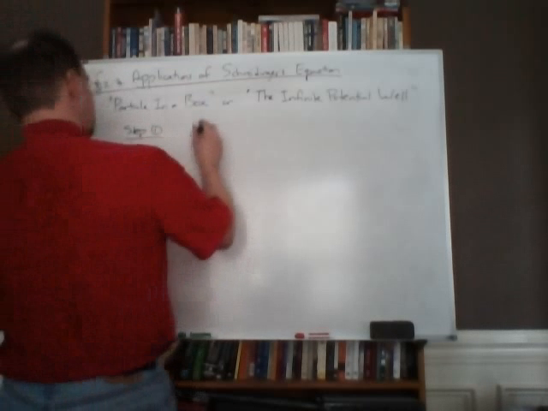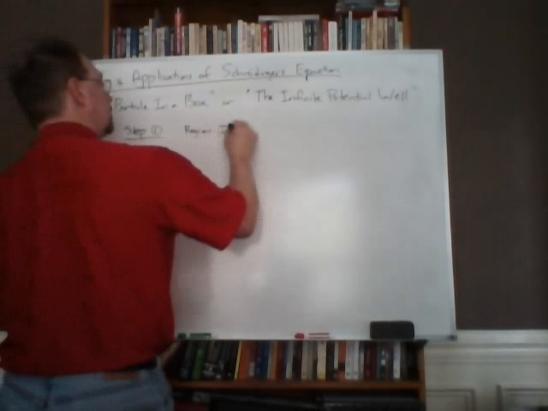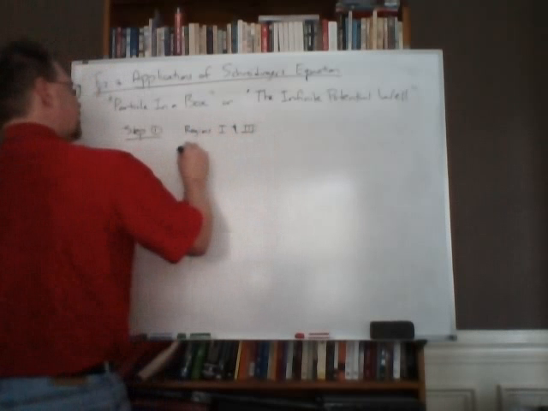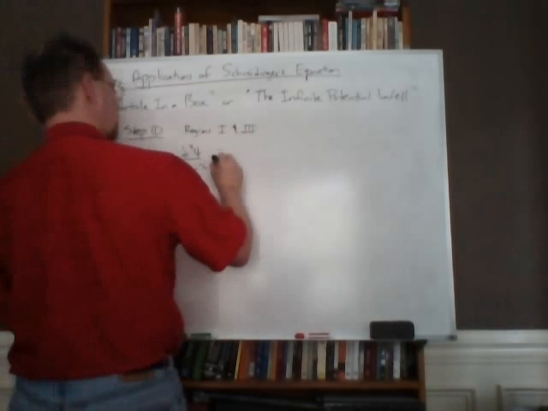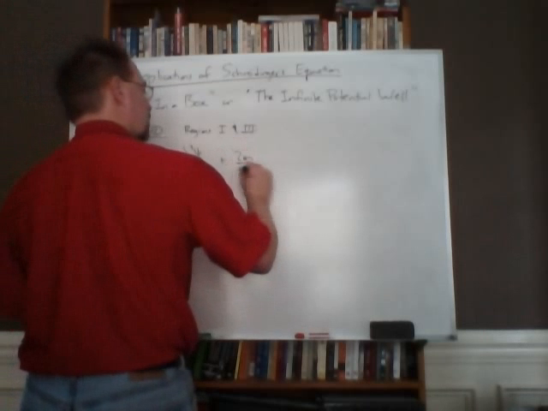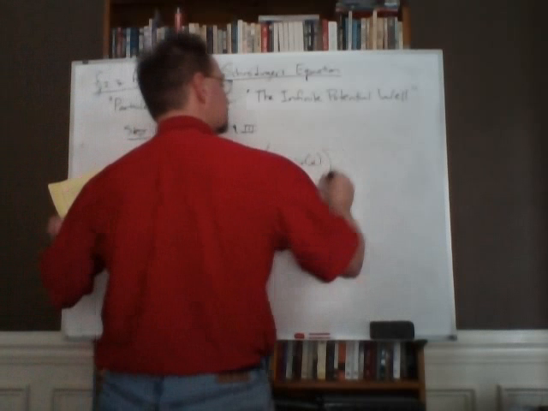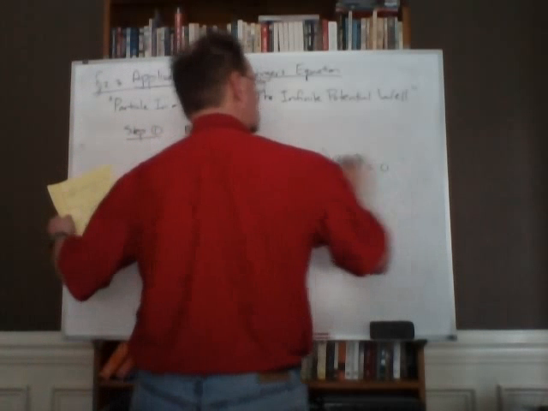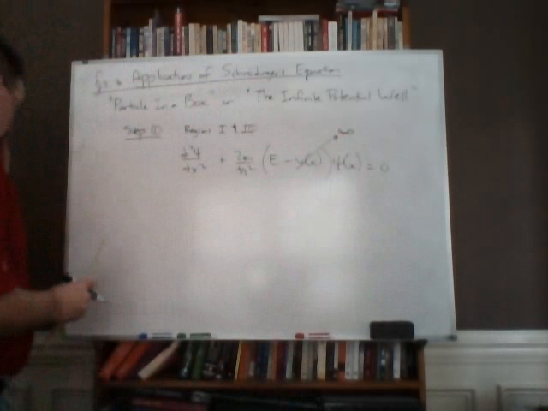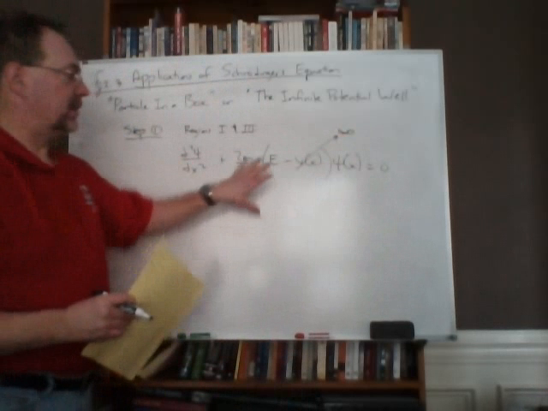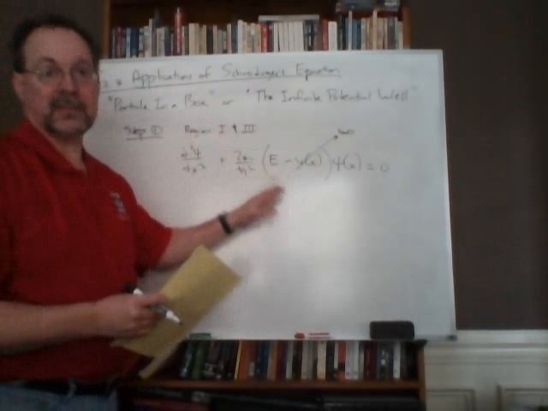Well, Schrödinger's equation in regions 1 and 3, V of x goes to infinity, and the way that we have to solve this, the only way that can work is for psi to be 0.